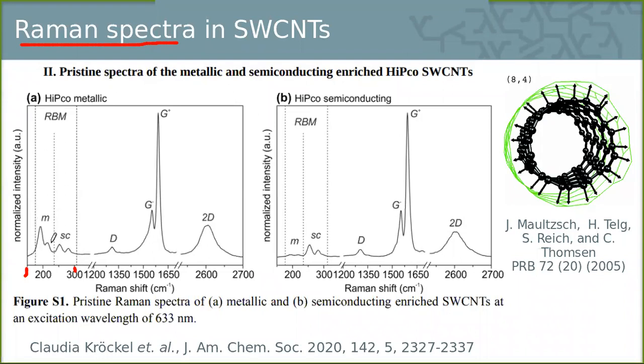Each of those peaks is directly related to the kind of nanotube that we have in the sample. Basically, each peak tells you if it's a metallic or a semiconducting carbon nanotube. If it's metallic, it will be located in this region. If it's semiconducting, it will be located in this region.